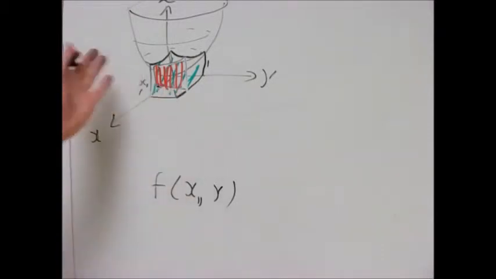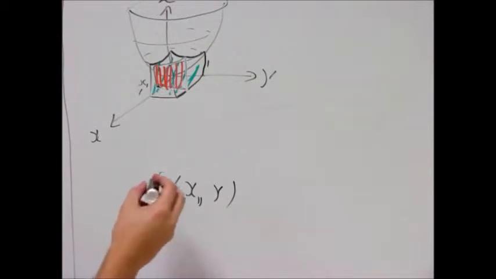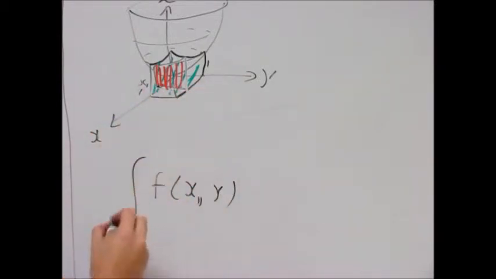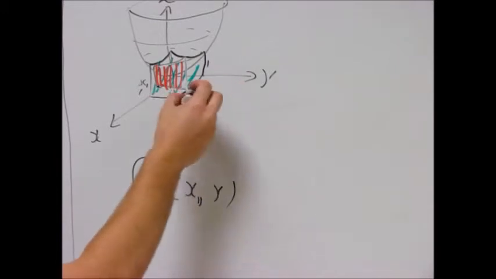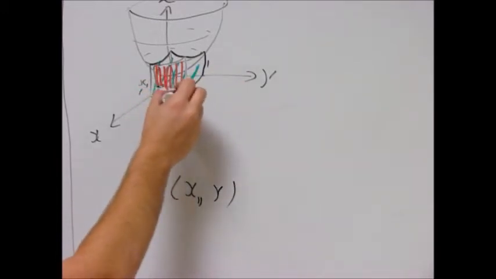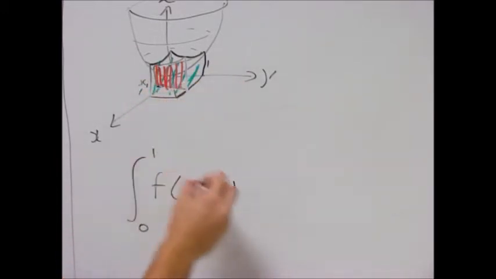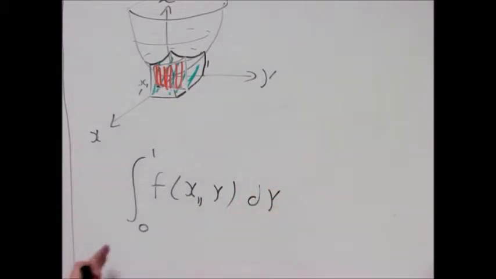So x1, and what you can do to find this area is, of course, just integrate it from, how does y change? y goes from 0 to 1, dy. So this is a function of y because we fixed x1 as a constant.